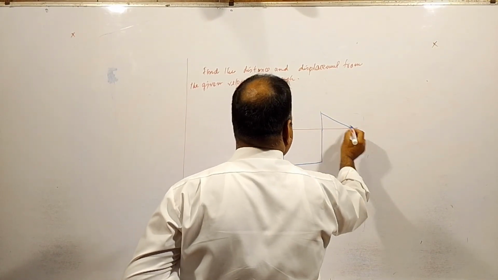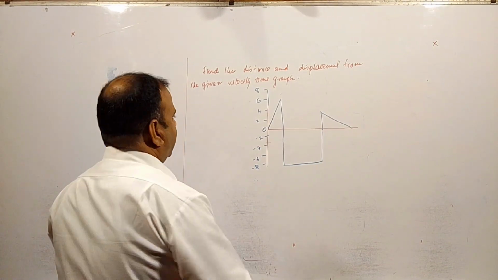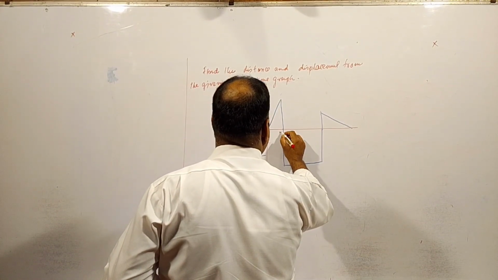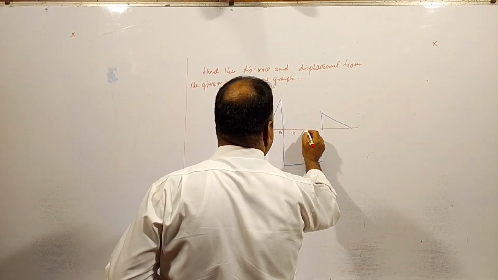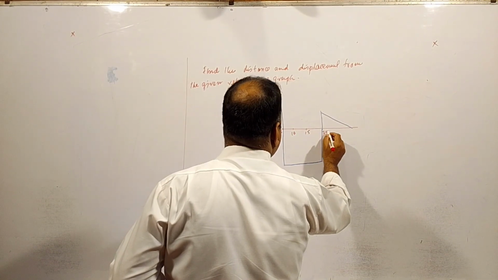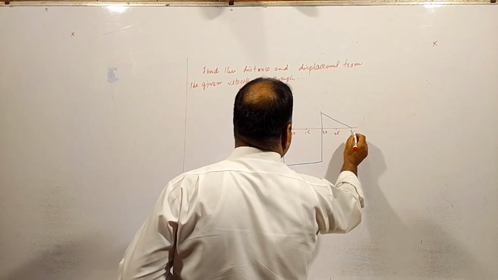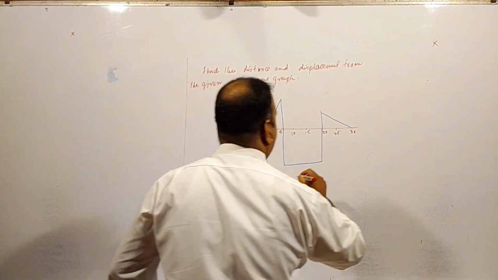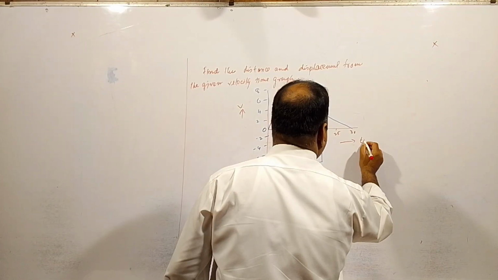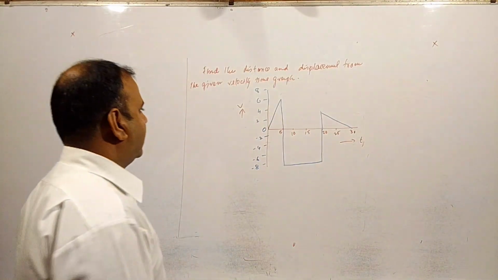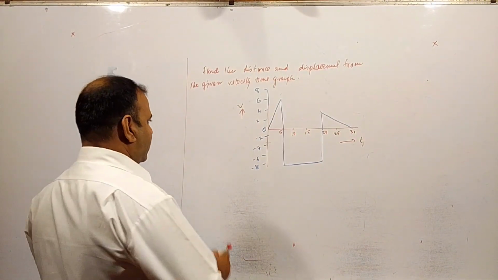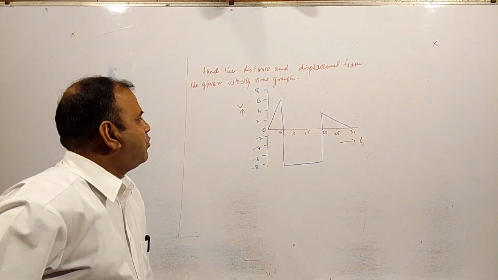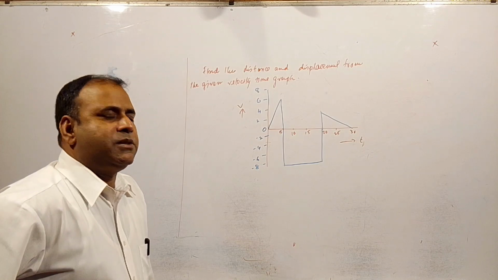On the time axis I consider 5, 10, 15, 20, 25, 30. This is velocity and this is your time. So the velocity time graph is given, and from it we have to calculate the distance and displacement.